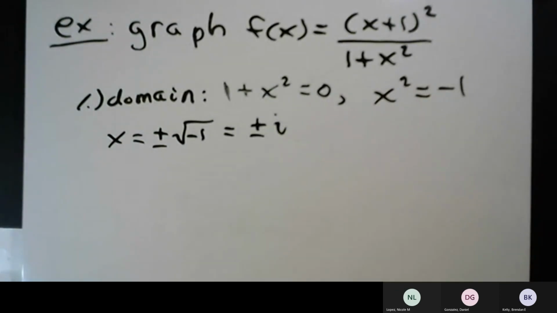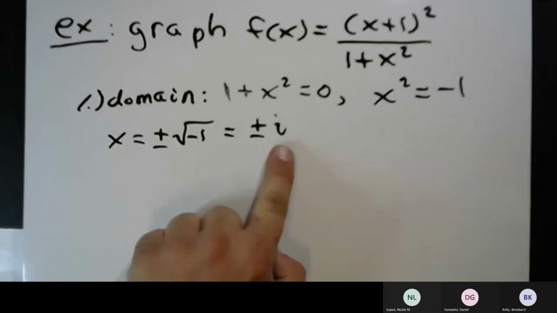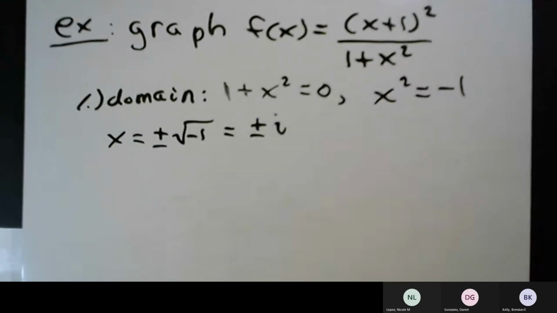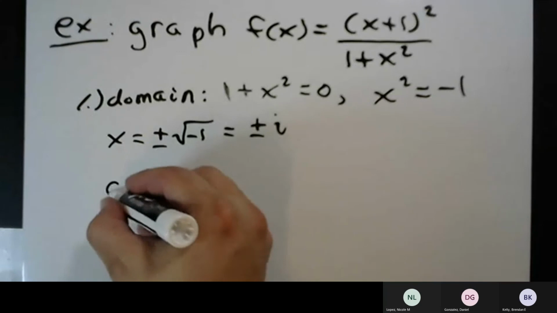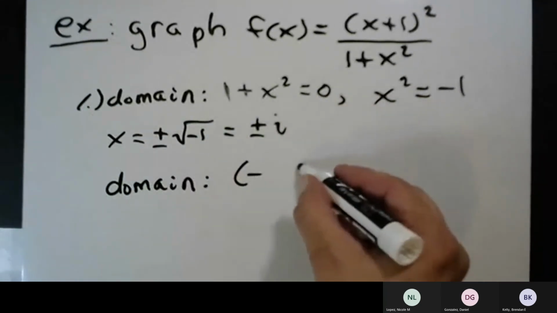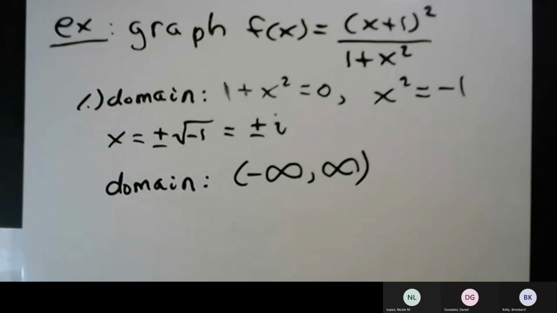And we're only dealing with real numbers in this class. We're not dealing with i's. So we can't use i for x. So there's no real value of x that's going to make this 0. So the domain, it's all real numbers. Now, complex numbers, different story, but we're only dealing with real numbers in this case. So that takes care of our domain.